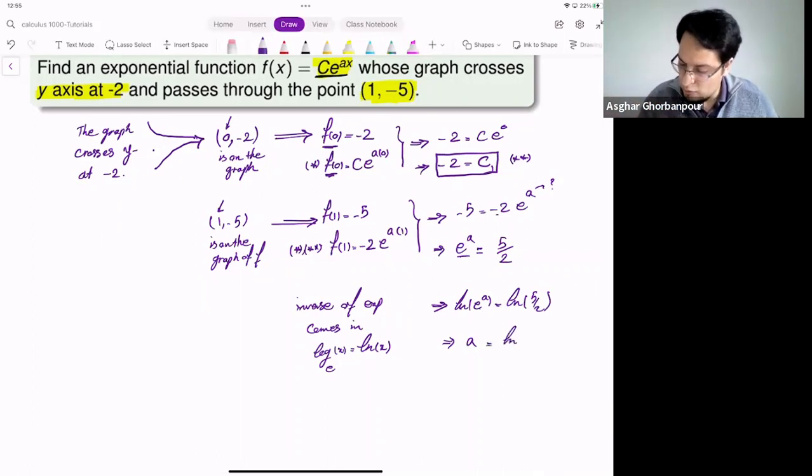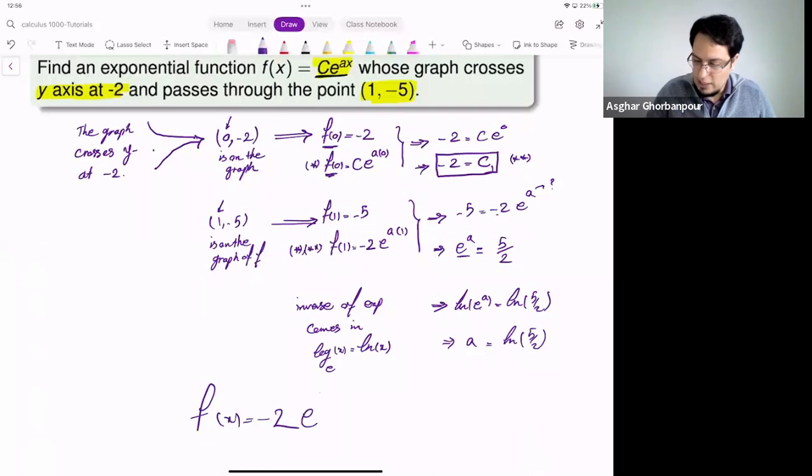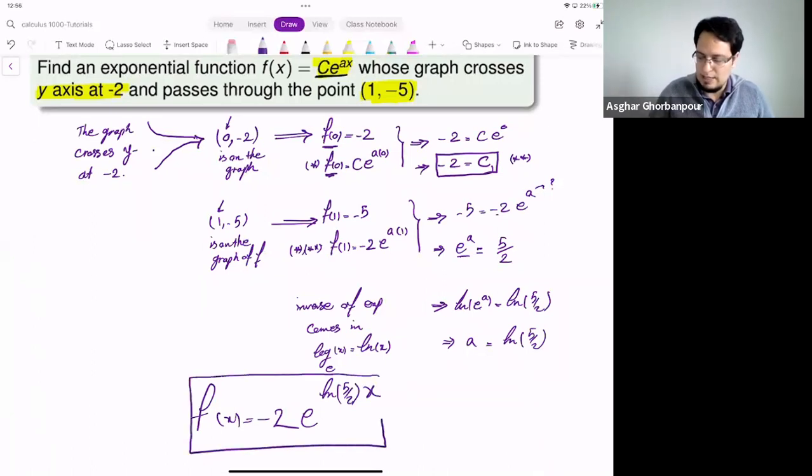So a is equal to ln of 5 over 2. In other words, our function is -2 e to the power ln of 5/2 times x. That is the answer.